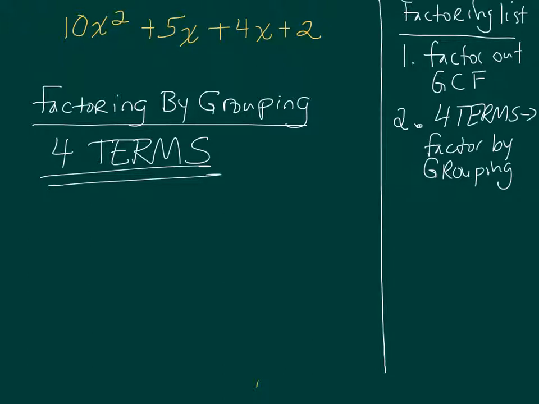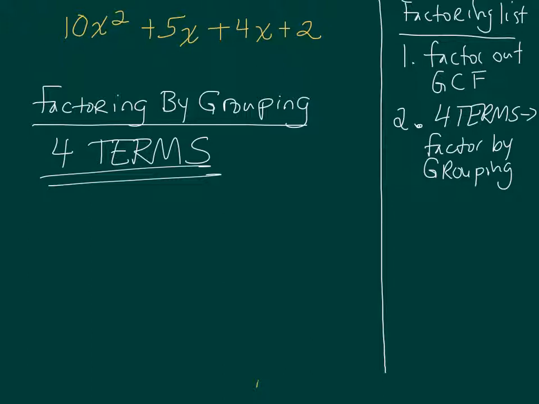Alright, so let's look at the steps for factoring by grouping as we look at factoring 10x squared plus 5x plus 4x plus 2. And I know that 5x and 4x are like terms, and we could combine those if we wanted to, but let's not. Let's just leave it as 5x and 4x for the purposes of this example.